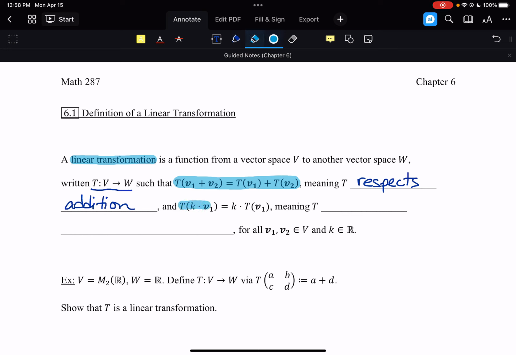And T of K times V1, where K is a real number or a constant, is equal to K times T of V1. In other words, the transformation of the scalar multiple is equal to the scalar multiple times the transformation. And this means that T respects scalar multiplication.